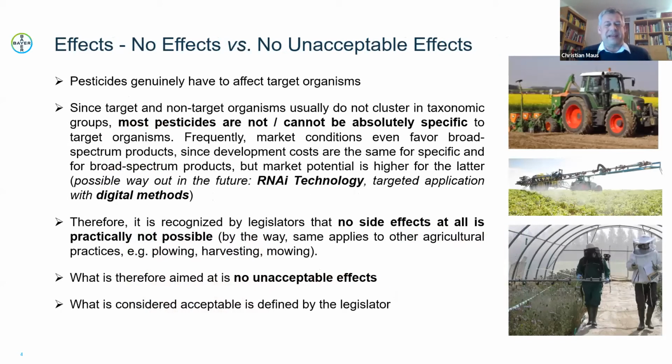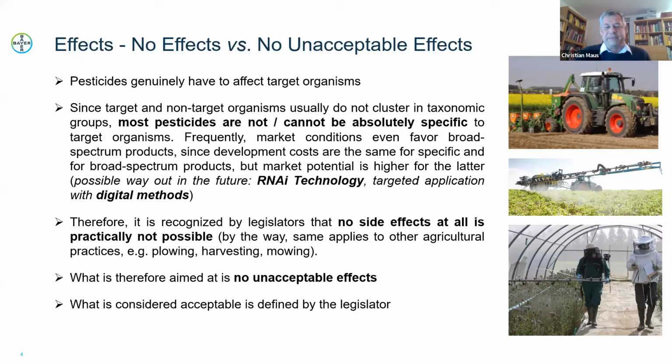Let's have another look at effects. As we have already seen, pesticides and other crop protection measures have a genuine impact on target organisms, because they are designed to hit target organisms. Since target and non-target organisms are not differentially clustering in different taxonomic groups, most crop protection products are not, and cannot be, absolutely specific to the target organisms only.